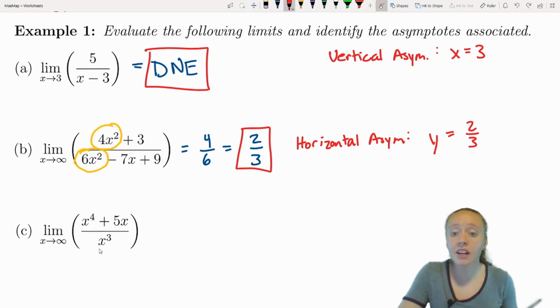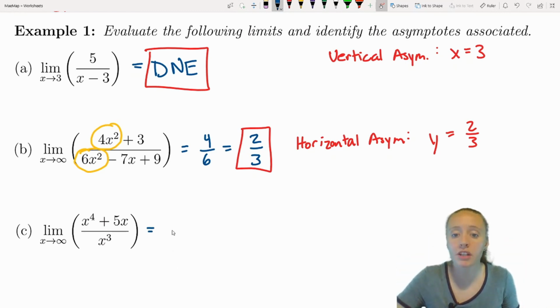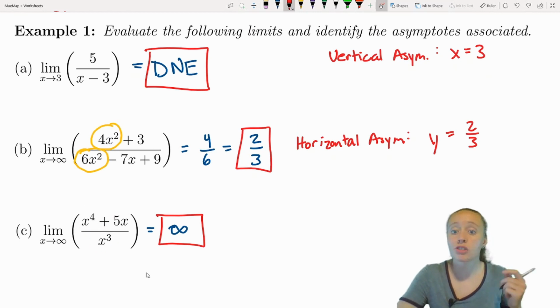I know it's not a horizontal asymptote because my degree of my numerator is greater than my degree of the denominator. So as I take the limit of this, my numerator is growing faster, so I'm going towards infinity. I don't get a finite value. I know for a fact it's not a horizontal asymptote. However, my degree of my numerator is 1 more than my degree of my denominator, so it's a slant asymptote. Let's go ahead and solve for that slant asymptote.